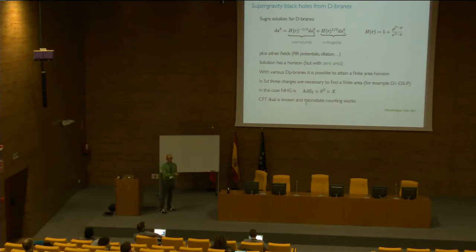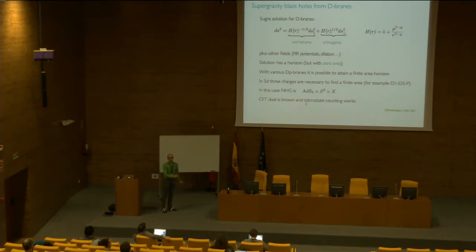So you can say that the solution has a horizon. But the main problem is that if you try to take this solution, the horizon you find when you compute it in the Einstein frame is actually 0 area. So you need something more complicated. You can try to put some different kind of branes at the same time in the game, and this actually gives a solution with a finite area for the horizon.